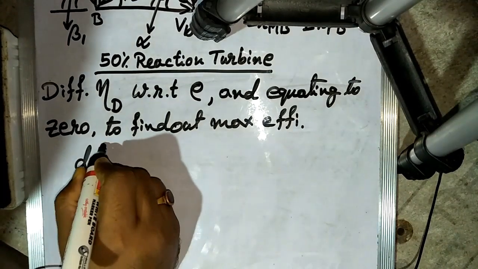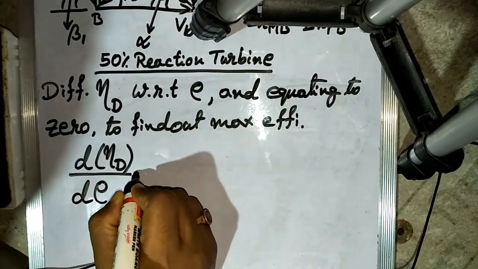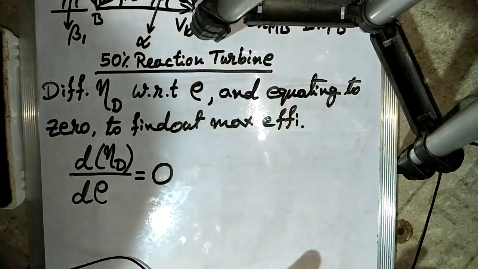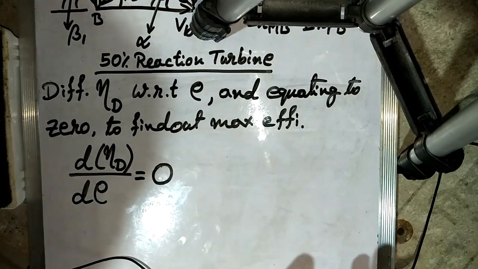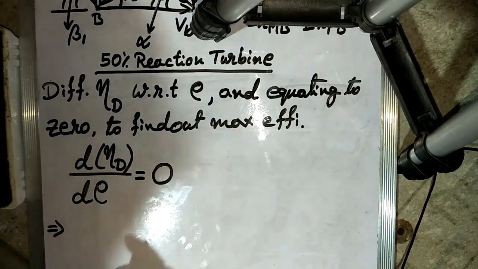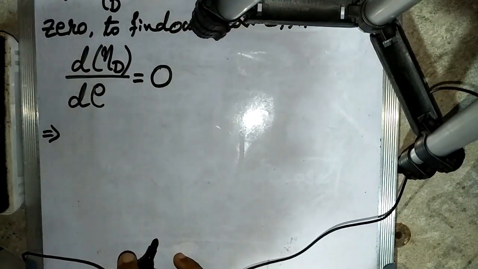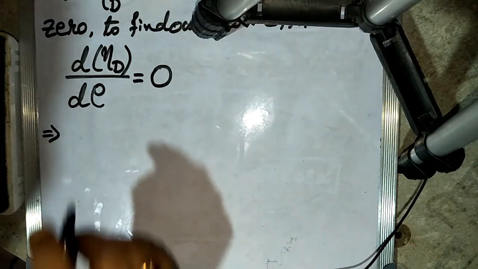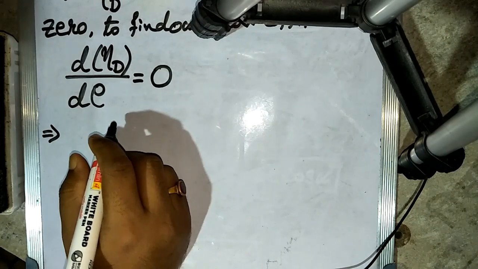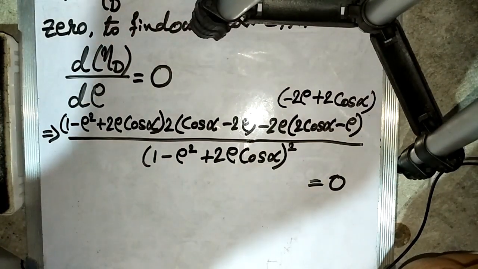That means d eta by d rho is equal to 0. By differentiating this eta expression with respect to rho and equating it to 0, I'm going to jump some steps, so we get this expression.